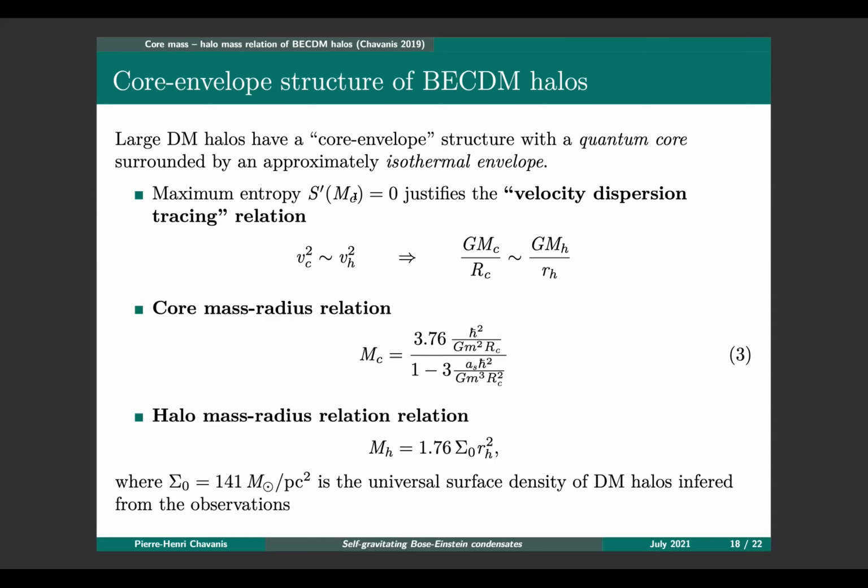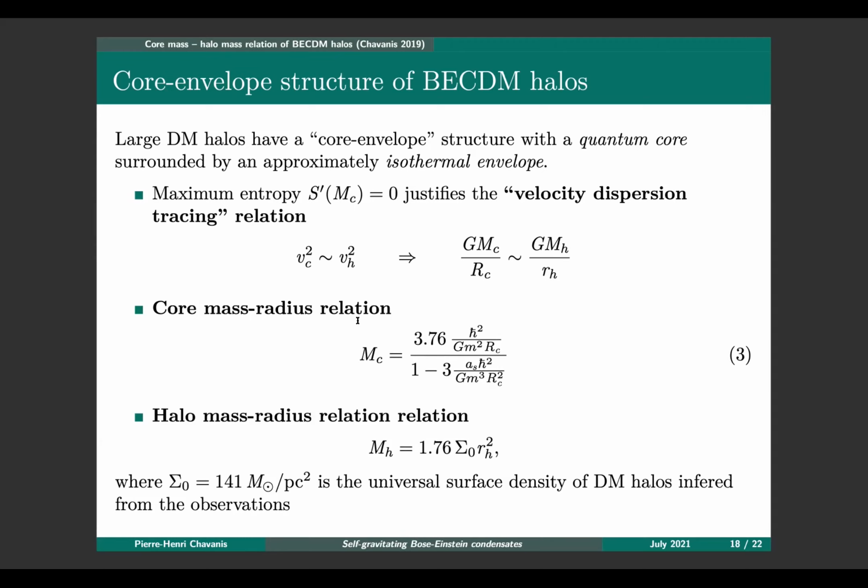If we do that, we find that the maximum entropy principle is equivalent to the velocity dispersion tracing relation, saying that the velocity dispersion in the core is of the same order as the velocity dispersion in the halo, which can be written like that, where Mc is the core mass, Rc is the core radius, Mh is the halo mass, and Rh is the halo radius.